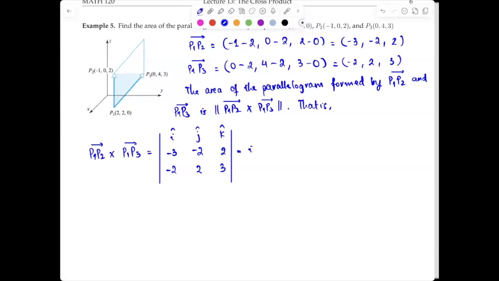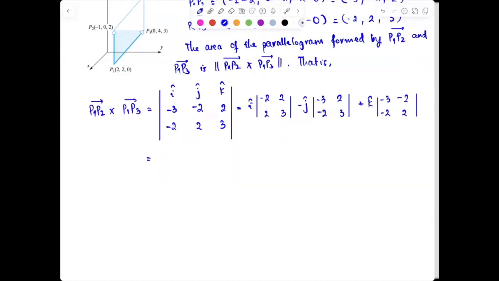So this is equal to i hat times the determinant of -2, 2, 2, 3, minus j hat times the determinant of -3, 2, -2, 3, plus k hat times the determinant of -3, -2, -2, 2.